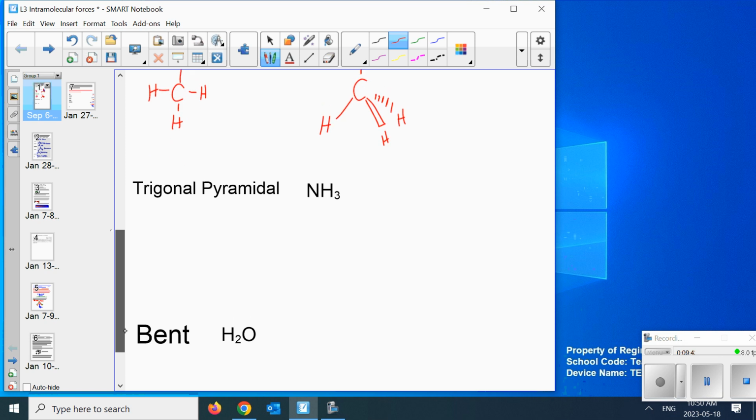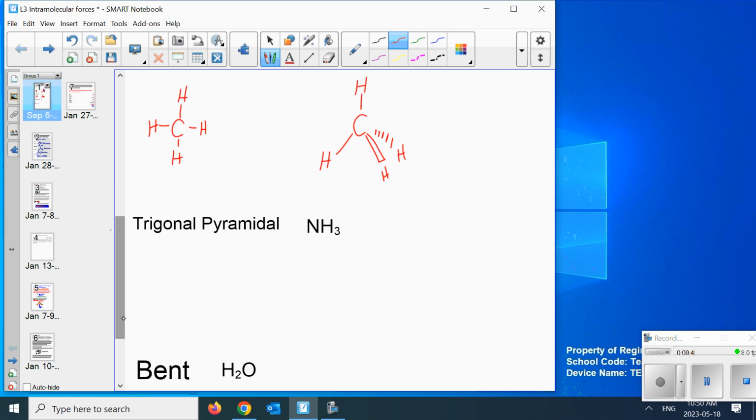Now, if I go to pyramidal, I'm going to compare it to this tetrahedral shape, because all it is is three things attached. Boom! Three. Don't argue with me. Okay. Does this look like a triangle-based pyramid?